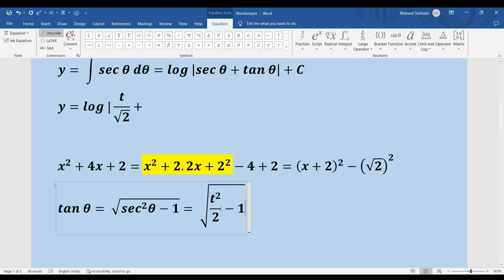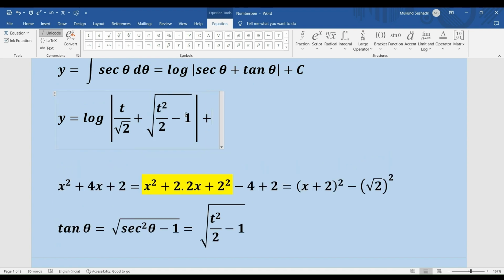And therefore, when I go back and put it back in my y expression, and then I have my mod sign and then my constant, right? So that's my y in terms of t, and we're not yet done. And you remember that we also did one substitution in the beginning, which was t equals x plus 2, right?